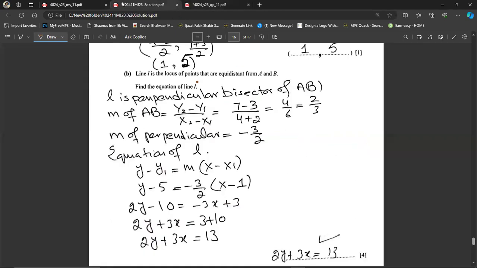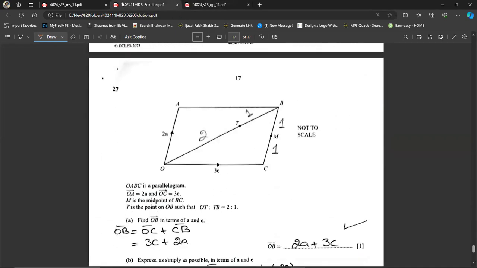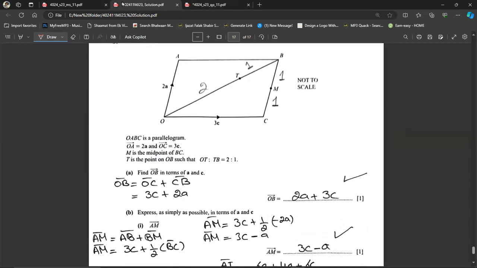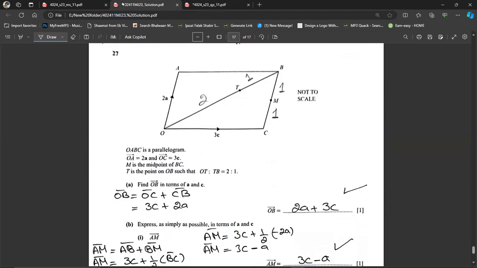Let me show you. So OB will be equal to OC plus CB. Here I have chosen this path. From O you can go to C, from C you can go to B. So this is 3c and this is 2a. So this is 3c plus 2a, or you can say 2a plus 3c.